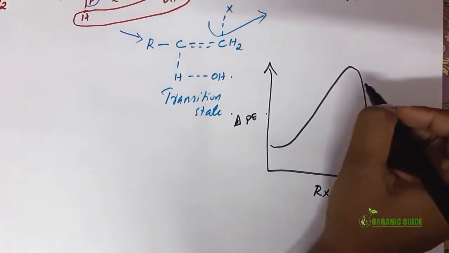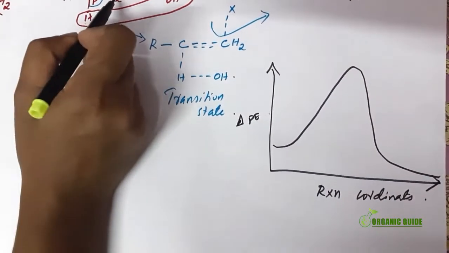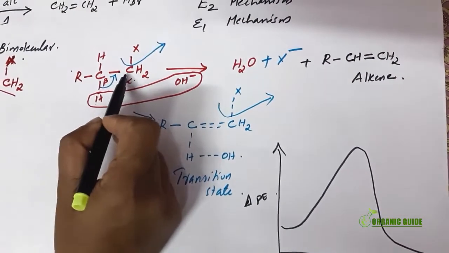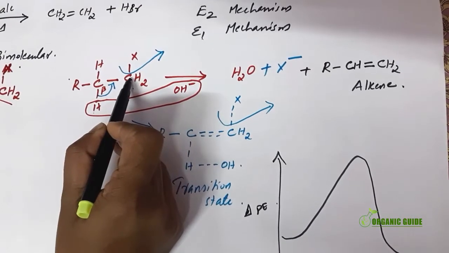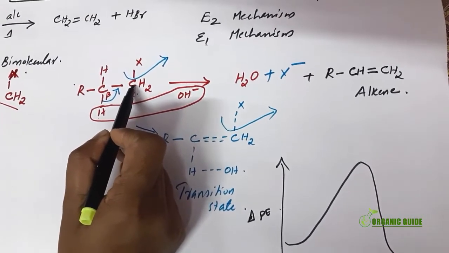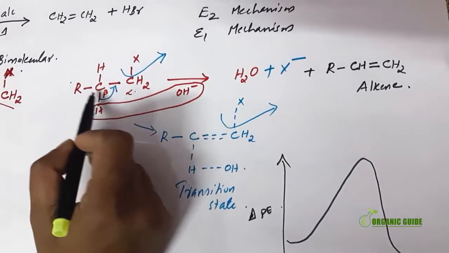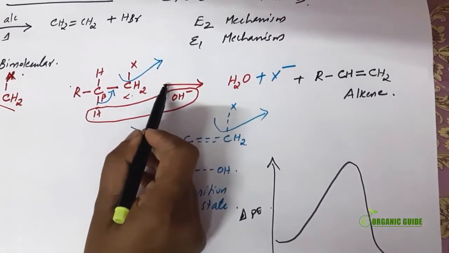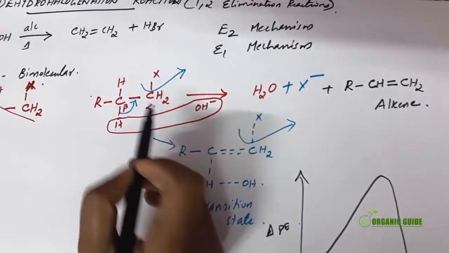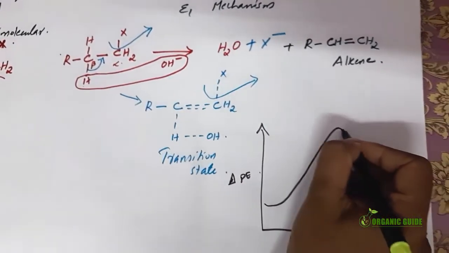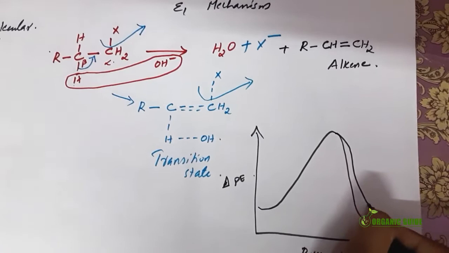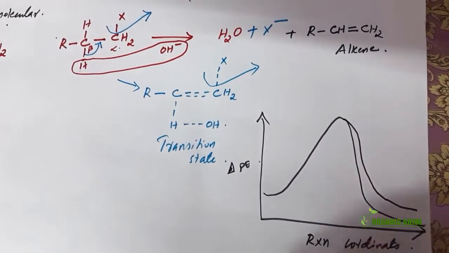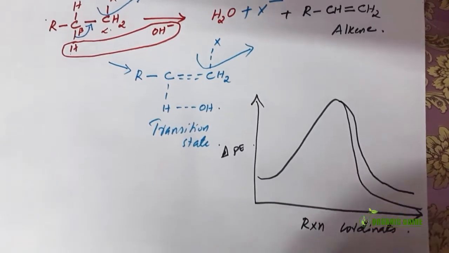If we are taking a substrate having two beta carbons, that is, if the halogen atom is substituted in the second carbon or third carbon of an alkyl halide, there will be carbon atoms to this side also. So in such reactions we will get two products. So this energy profile diagram also contains two products, which I will discuss later.